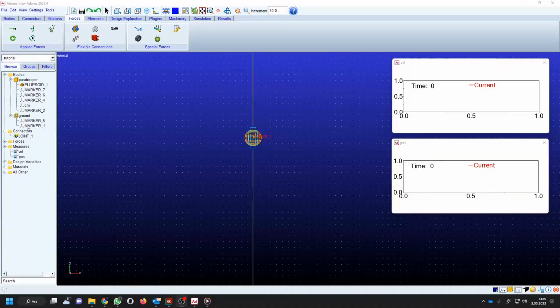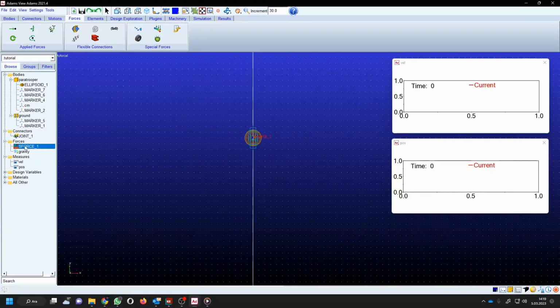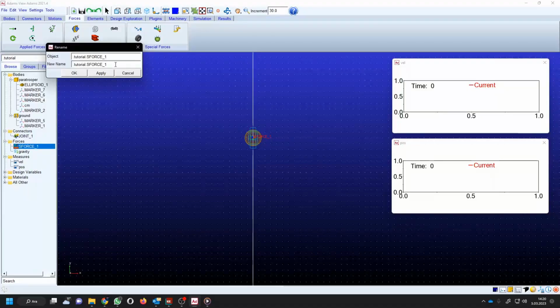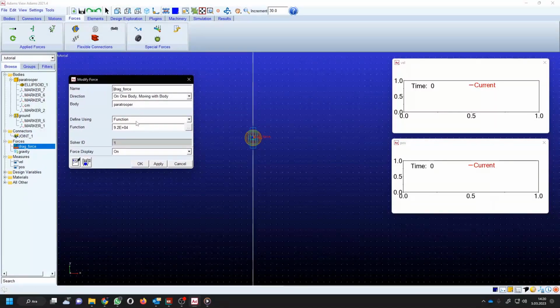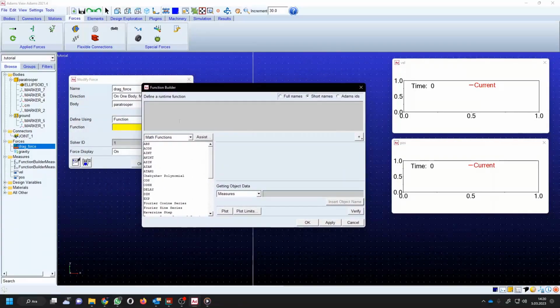Now we need to modify the value of the single component force with respect to our second degree equation. I will first rename it drag force. Okay, I will modify it, defining it using a function here.